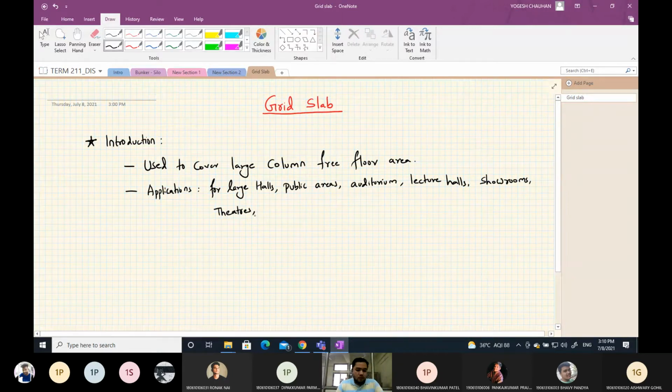And sometimes at the entrance of a college building, you would find a grid floor. Even in our college, we have this grid floor at the entrance of the college building.